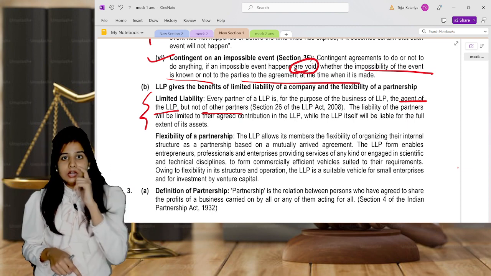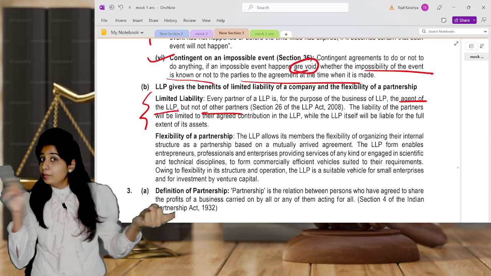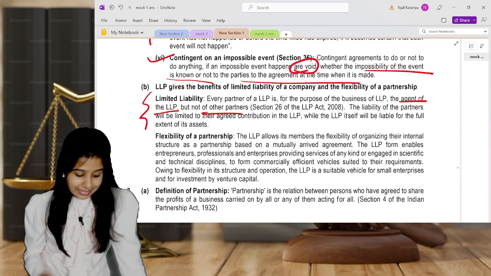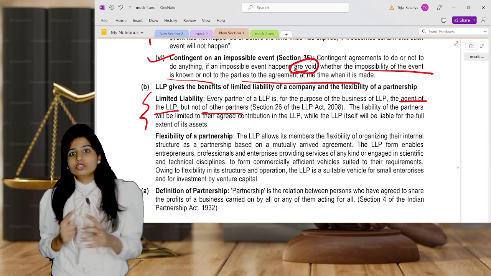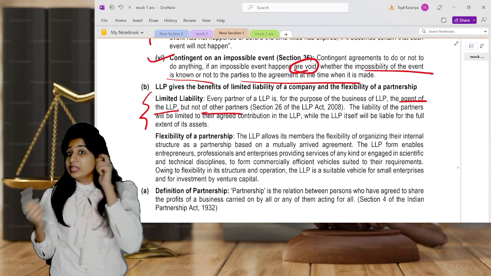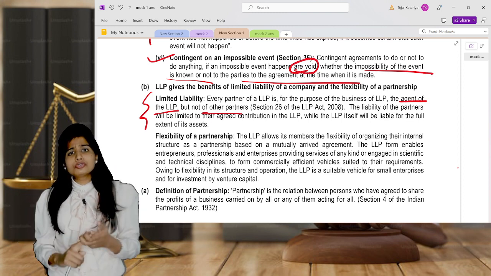Similarly here, every partner in an LLP is an agent of that LLP, but not of any other partner. That's why we are not jointly and severally liable for the conduct of the other partner, which we used to be in partnerships.